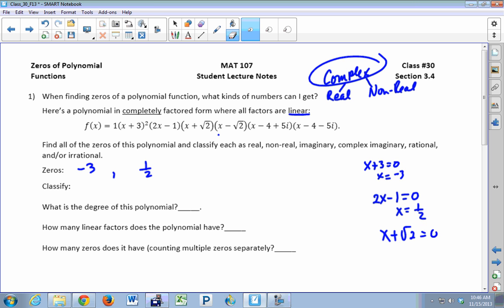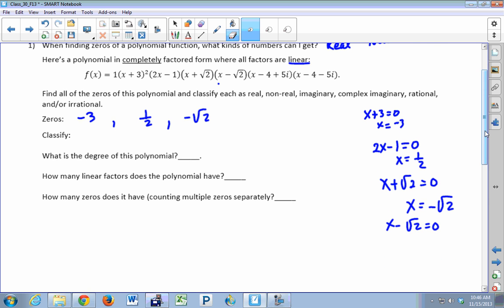What's going to make that 0? Solve for x. Negative square root of 2, right? You just subtract square root of 2 from both sides. And x minus the square root of 2 equals 0. What's going to make that a 0? Square root of 2, right? Okay.